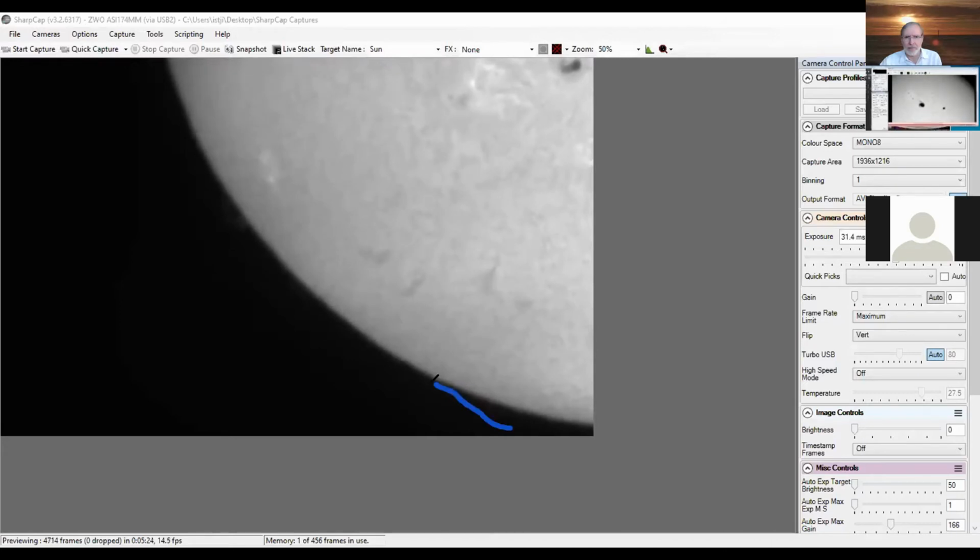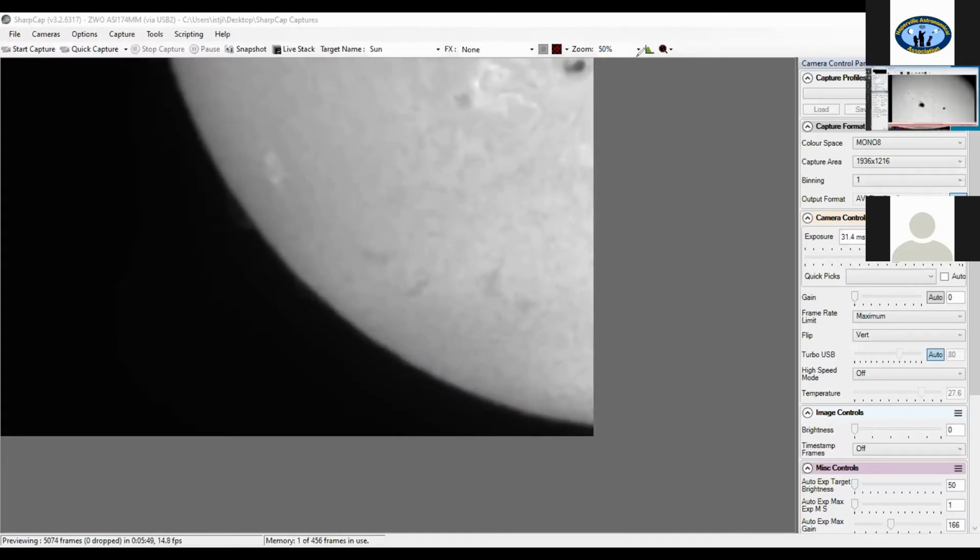When they take a still image of the sun, they don't have all these heat waves to deal with. So this is in hydrogen alpha. This is an 80 millimeter telescope that has a Daystar filter on it. It's a nighttime telescope that just gets modified for daytime viewing.